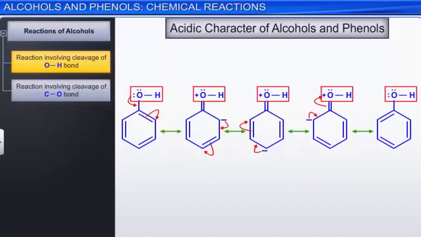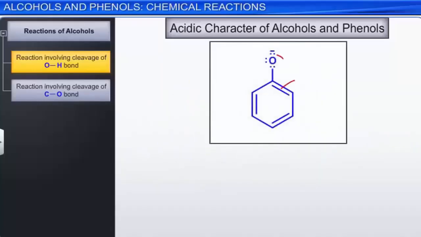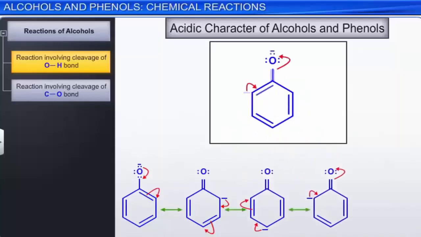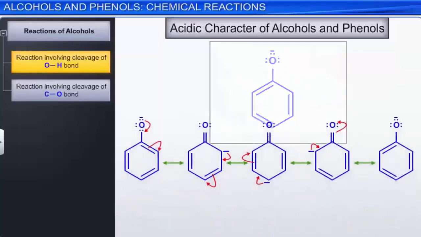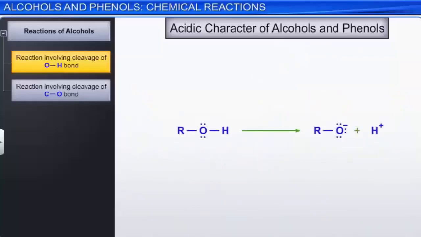The phenoxide ion forms when phenol ionizes by losing a hydrogen ion. The resonance structures of the phenoxide ion are shown here. Notice that the negative charge of the ion is delocalized, which stabilizes the ion. On the other hand, in the alkoxide ion, the negative charge is localized on oxygen, which makes it less stable.